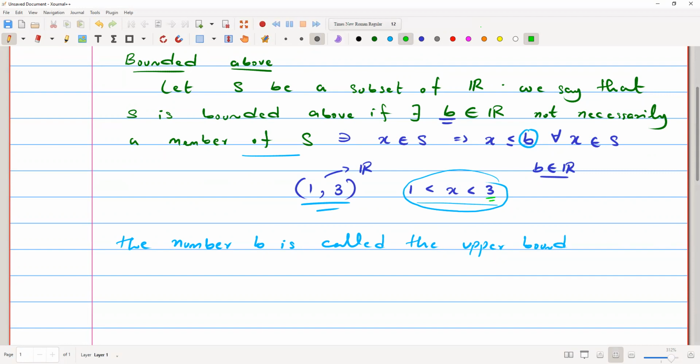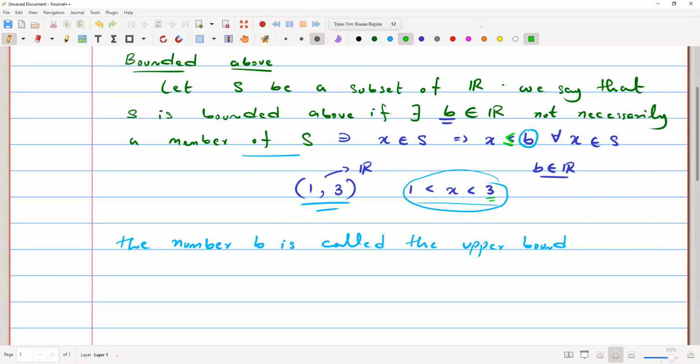And one thing here is that it's less than or equal to, right? So the biggest element of the set is also an upper bound, and we will see in later studies that it is actually the least upper bound of the set.